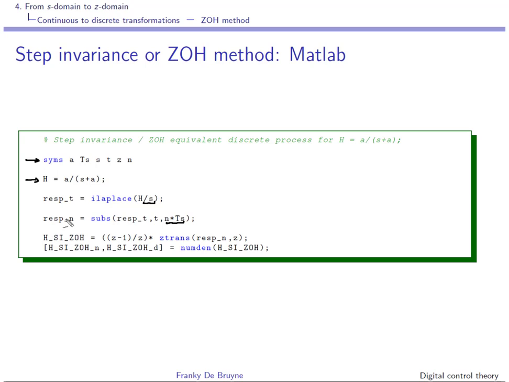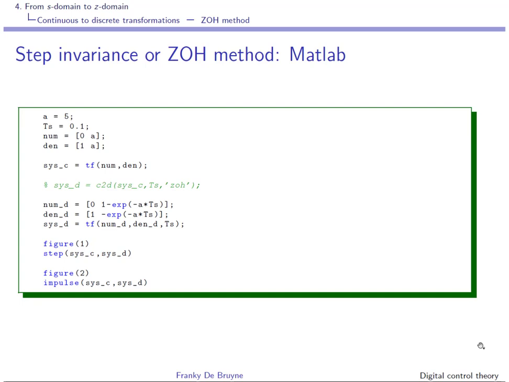Then we take this response and we take the z transform, we multiply by z minus 1 over z, and you obtain the same results as obtained in the slide. Remember that this will allow you to obtain a ZOH equivalent discrete process for any process, but depending on the variables and on the sampling period, and this might come in handy in some situations.